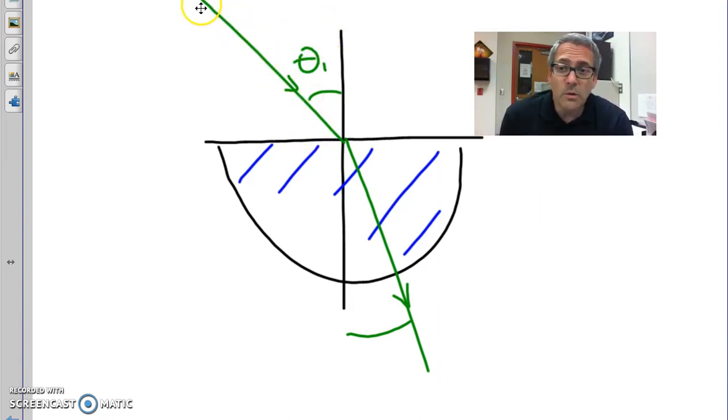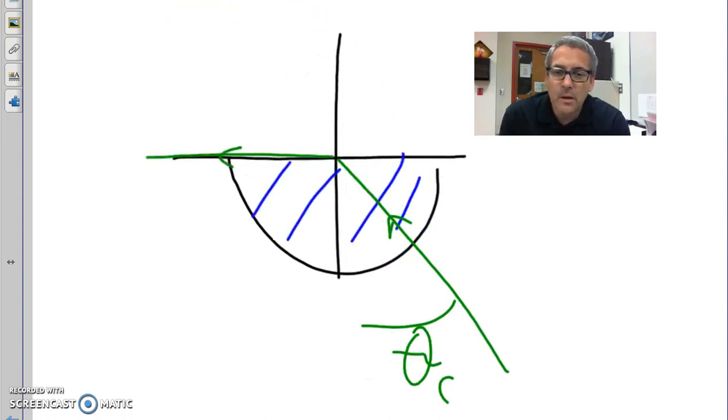So if you have the light beam right there, take a little pencil and put a little dot there, a little dot there, and then a little dot over here, so that when you move the laser, you can use a straight edge to trace this ray, and then where it hits the boundary, you can use this dot to trace that ray. And once you have these two rays traced, come back with your protractor and measure the incident and the refracted angle. So this is one way you might want to set up your lab.